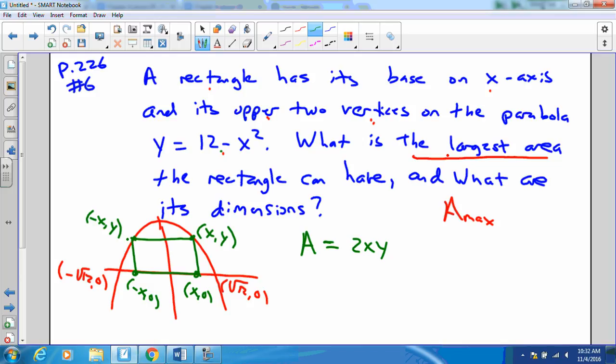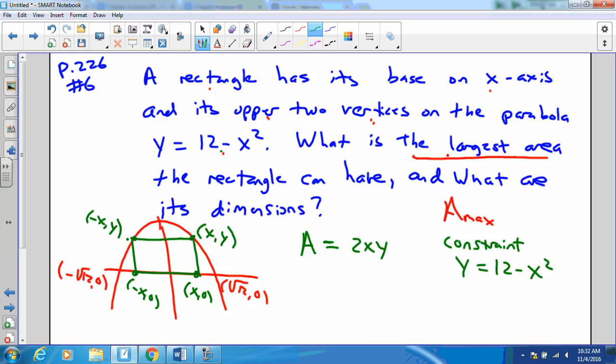And this is the equation for my area, but we notice that this equation has two variables in it. And so it is not going to be possible to find its max in terms of two variables with a single equation, because there are too many degrees of freedom, basically. So I need to constrain my variables by finding an additional relationship between those variables. And what is that additional relationship? y equals 12 minus x squared.